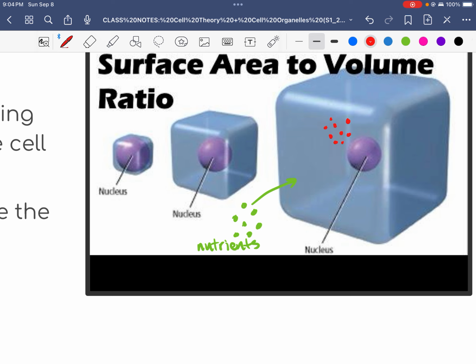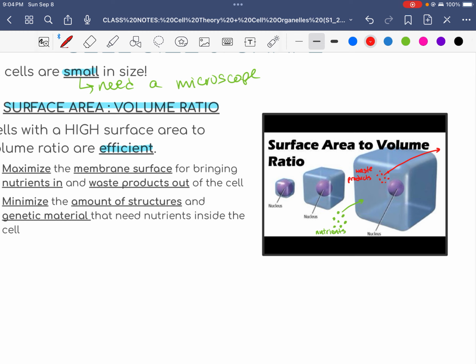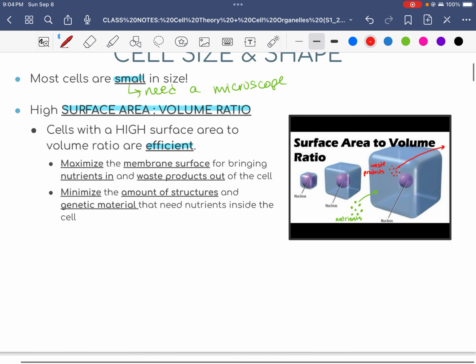These are waste products, and they need to be removed out of the cell. And to do that efficiently, to be able to do that quickly and get stuff into the cell and allow the cell to use it quickly, you need to have a high surface area to volume ratio.